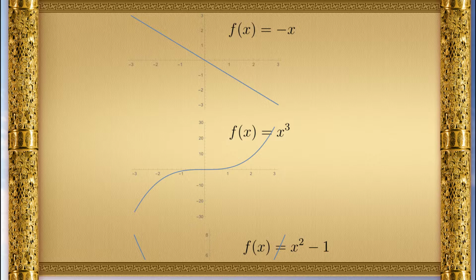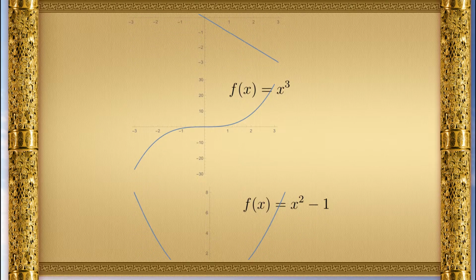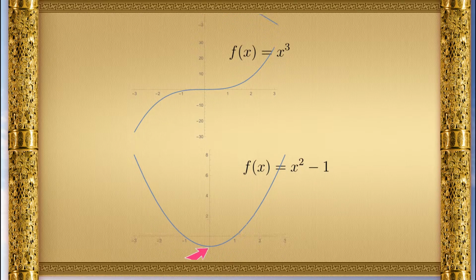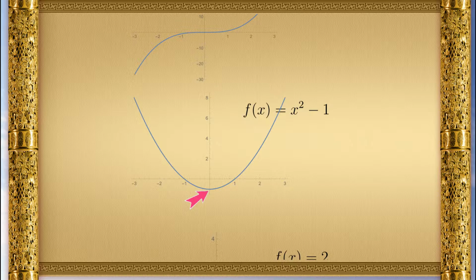We can see another one in which the image is the square of the domain minus 1. Here we have a curve called a parabola. Note that the minimum point in the image is -1, because below it there is no more curve. The curve is just above -1. So you can put any number in the domain and the image will never have a value less than -1.